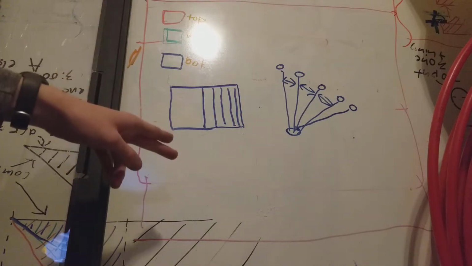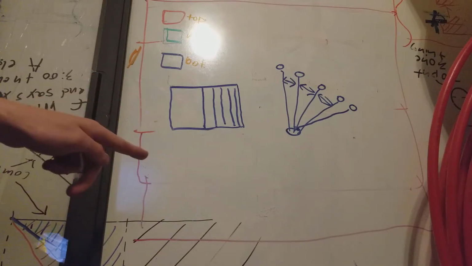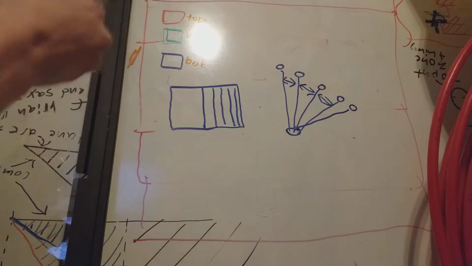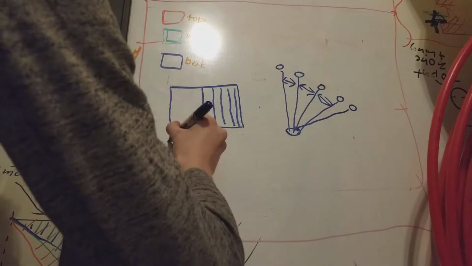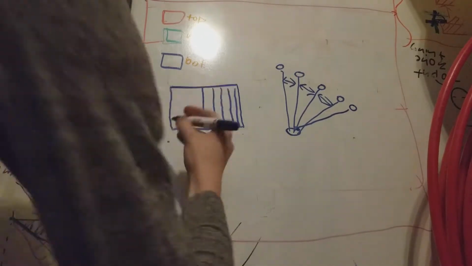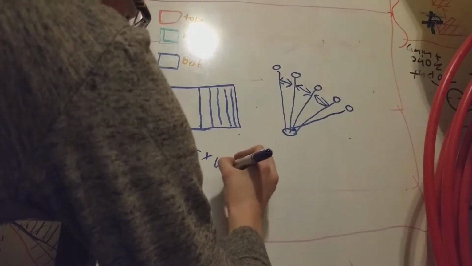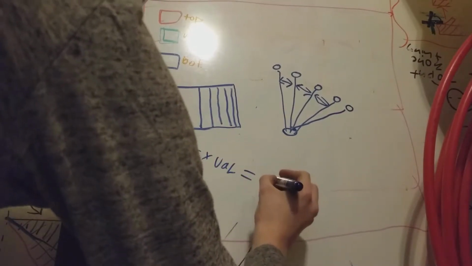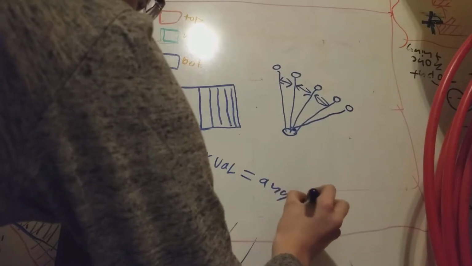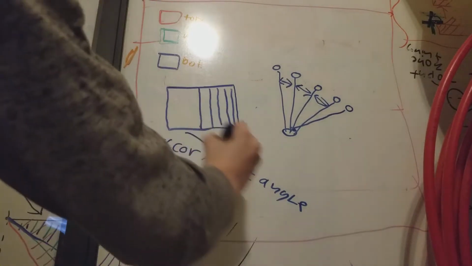And the problem with that is that we cannot just say x coordinate times a value equals the angle. We cannot do that.